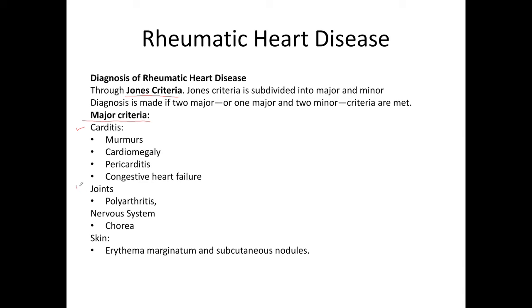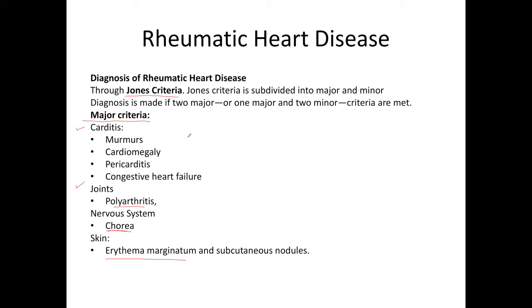In terms of joints, if an individual presents with multi-joint inflammation that is not explained by osteoarthritis or rheumatoid arthritis, so a person has this polyarthritis, or a dance-like movement, there are forms of chorea, which are grossly visible writhing movements that the patient presents with, and subcutaneous nodules as well as a redness to the skin.